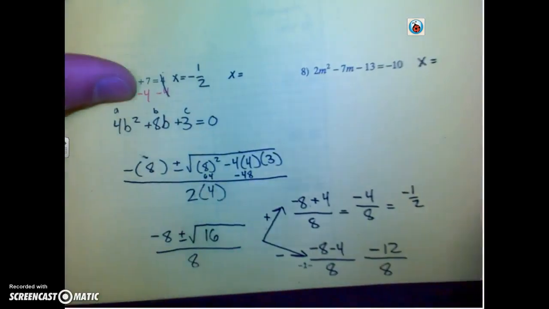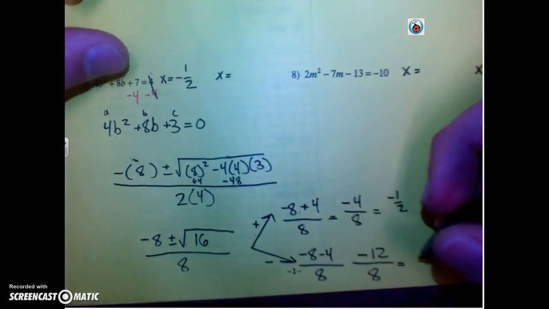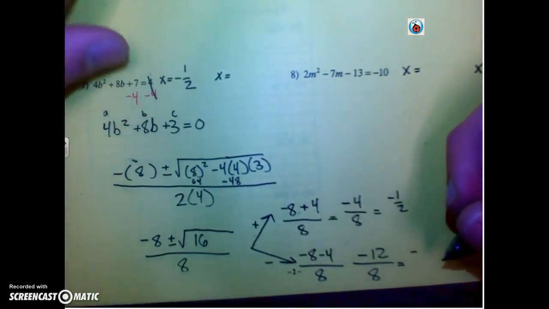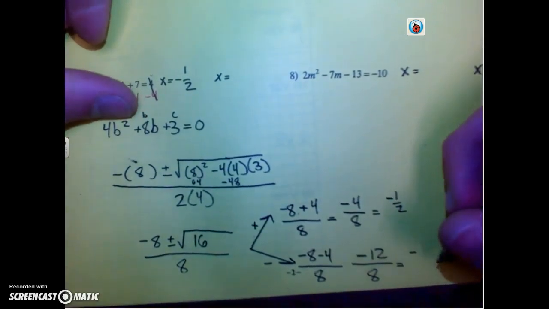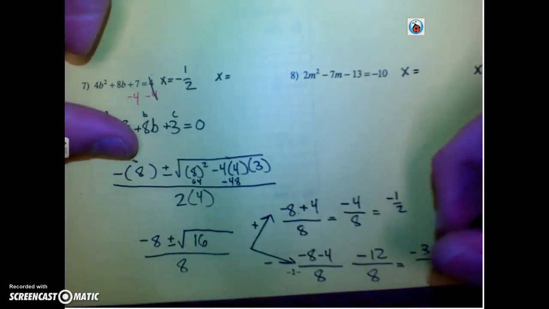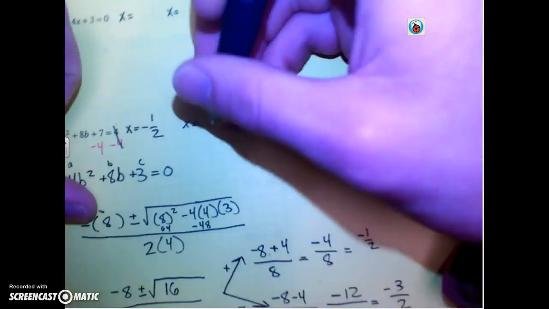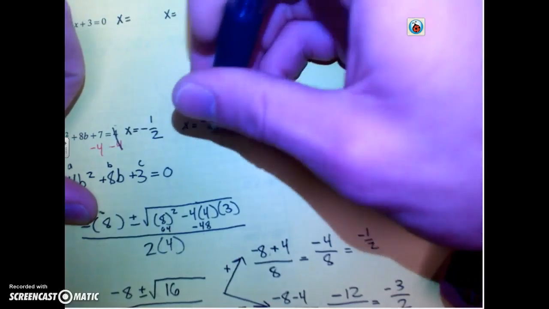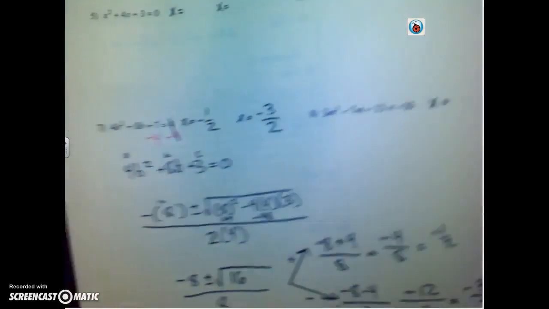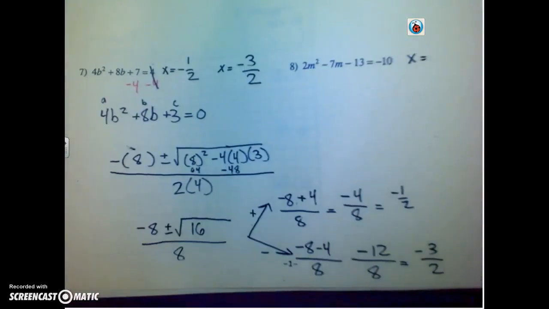Negative 12 divided by the 8, we can simplify that to negative 3 over 2. And those would be our two answers for that equation right there.